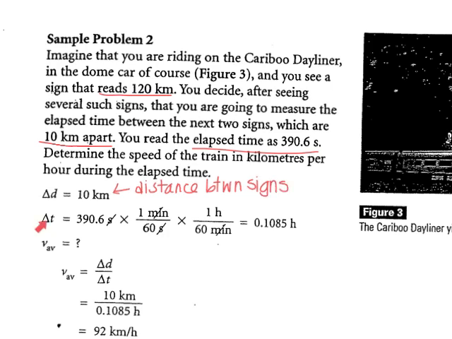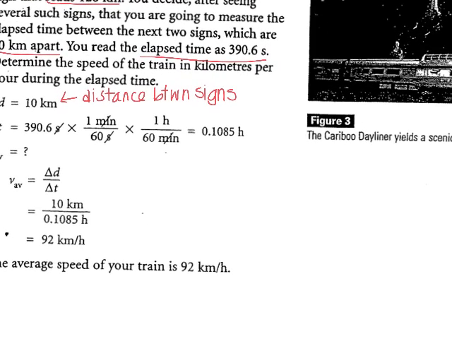So here we've got delta T equals 390.6 seconds, and we've got all of this information that's here. So I'm going to walk you through it, and that means I'm going to write it down here in the space. So it's going to look eventually the same, but I want you to know how to accomplish it.